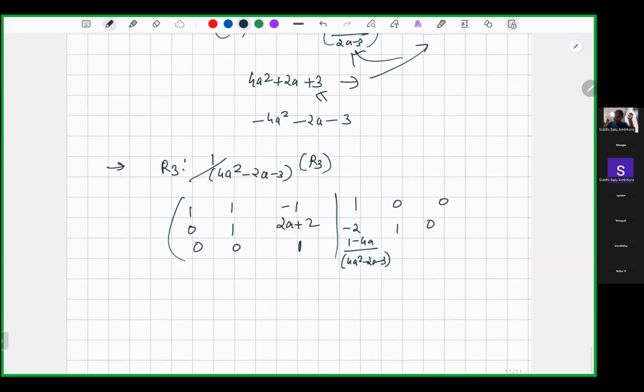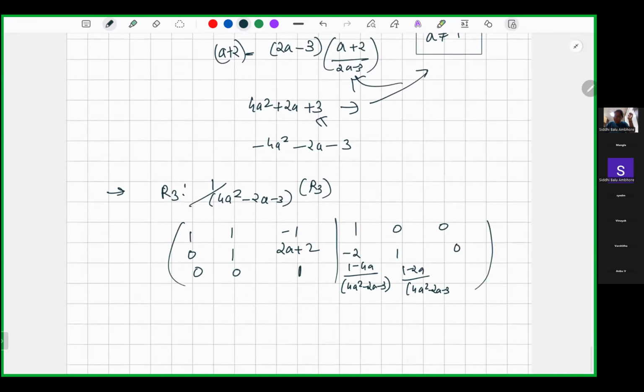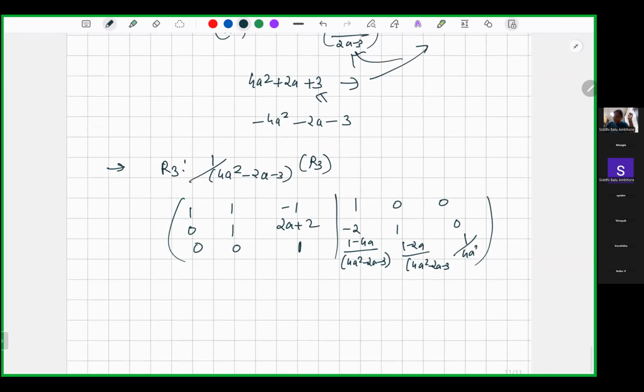I'm not writing this very properly, but I hope you understand. 4a square minus 2a minus 3. And the last one is this 1 divided by 4a square minus 2a minus 3.